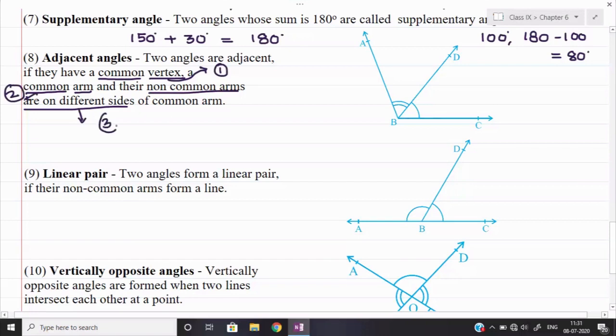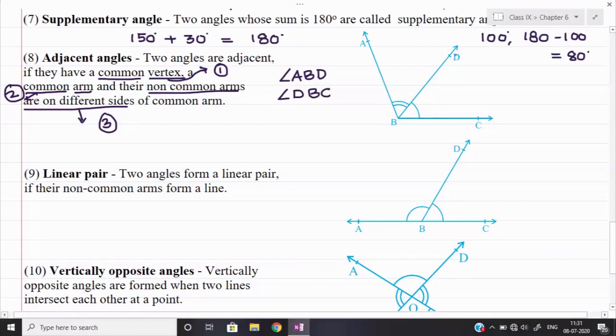So let us see one by one all the 3 conditions. First condition, they should have one common vertex. Now look at the figure. In the figure you are observing two angles. One is angle ABD and the second one is angle DBC.